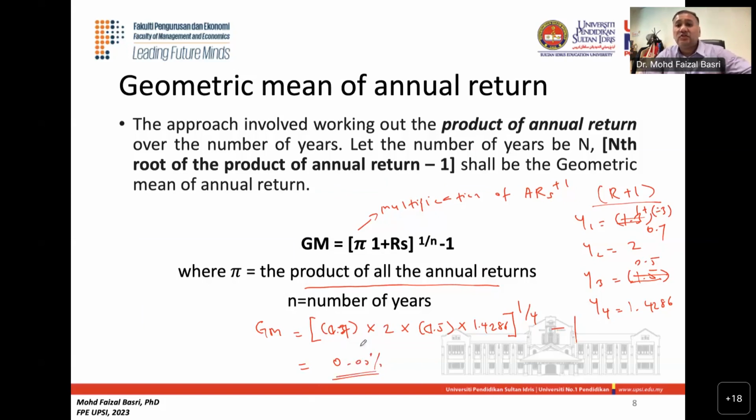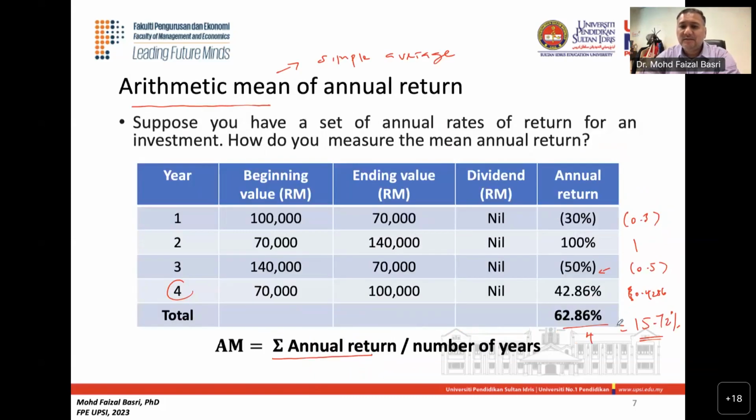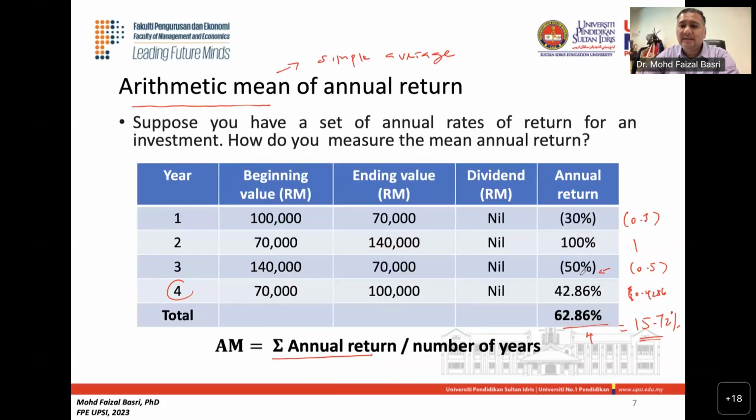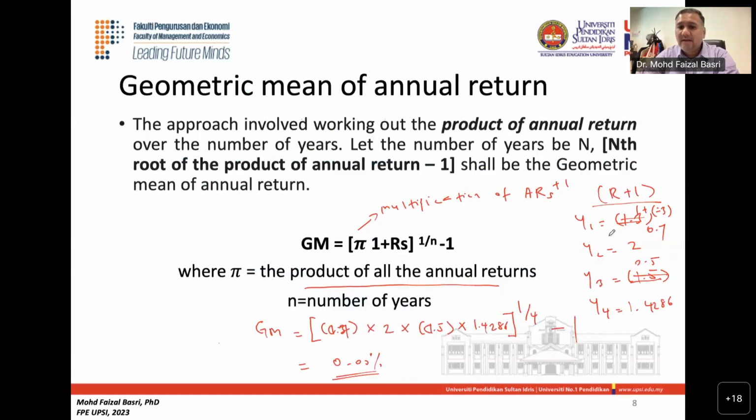Okay, based on the geometric mean, it's 0%. Based on our arithmetic mean, it's 15.7%. So that's why it doesn't mean a lot when we measure, especially if we have this kind of variation.